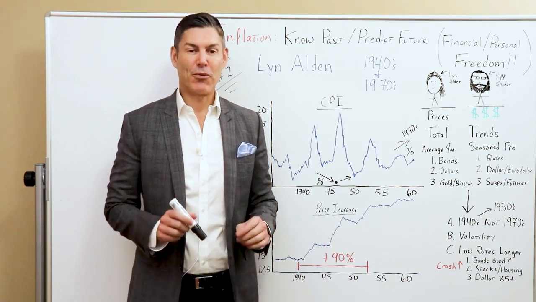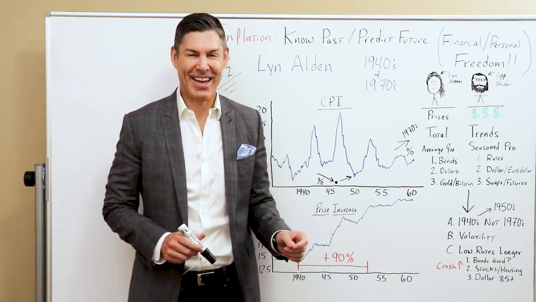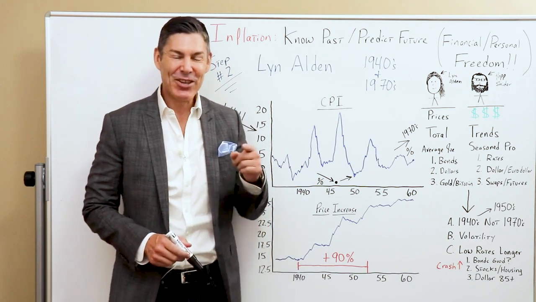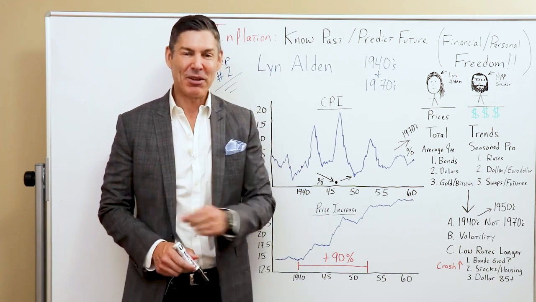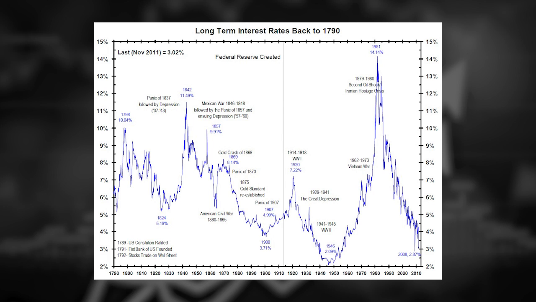And then Jeff would most likely counter and say, yes, Lyn, you are correct. But let's throw up a chart of interest rates, long-term cycles in interest rates. And look what happened in World War I. They peaked out, they went all the way down and kept going down this trend of lower and lower interest rates. And it bottoms out in 1946, then gradually starts to go up.